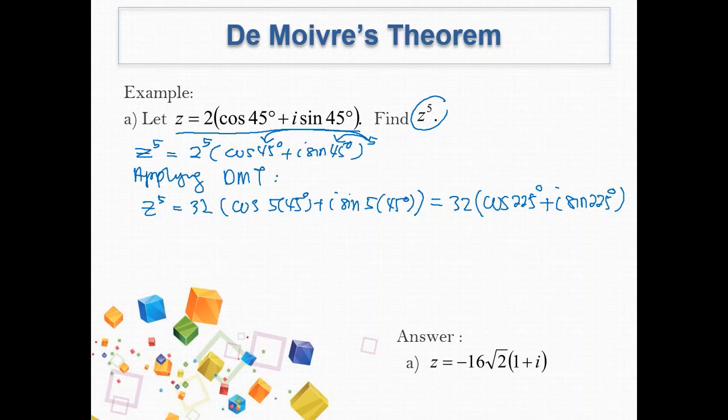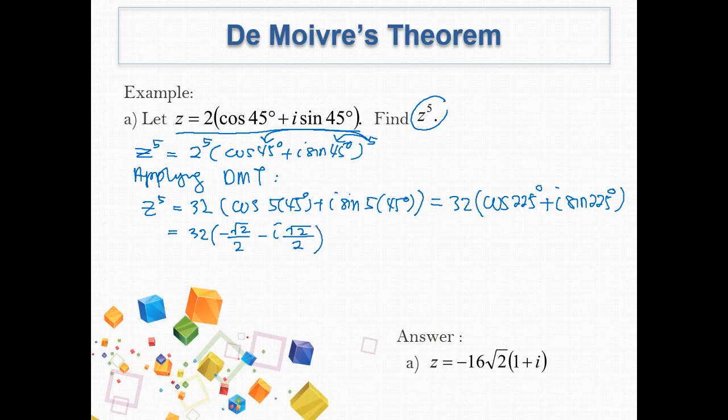You can apply the degree directly into your calculator. When you substitute cos 225 into your calculator, you will get negative square root of 2 over 2, minus i square root of 2 over 2.